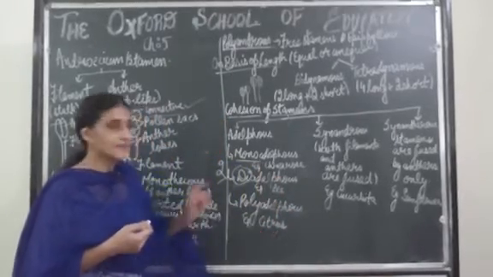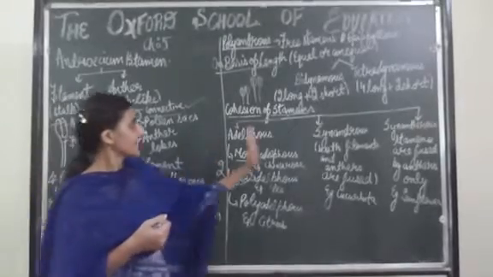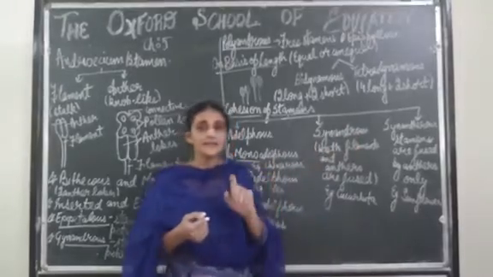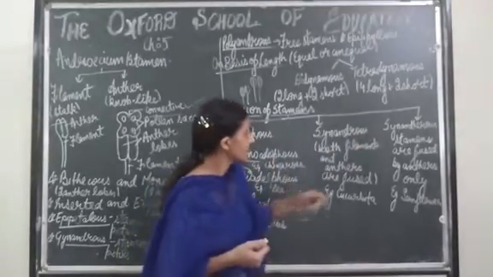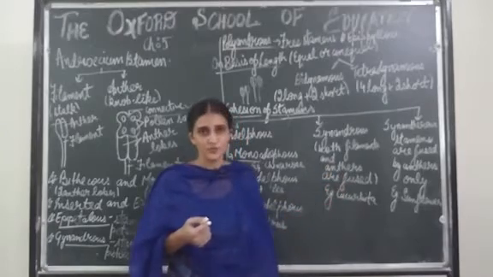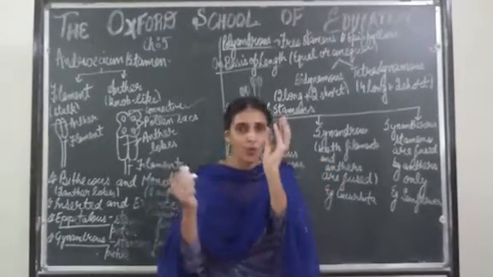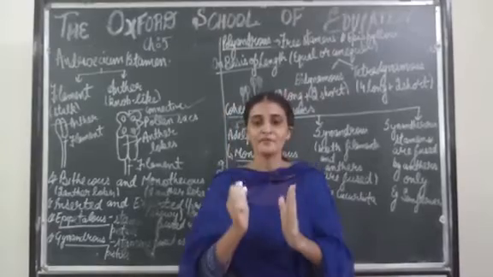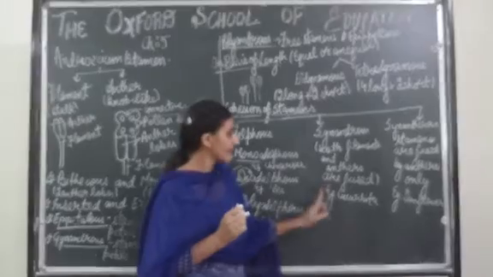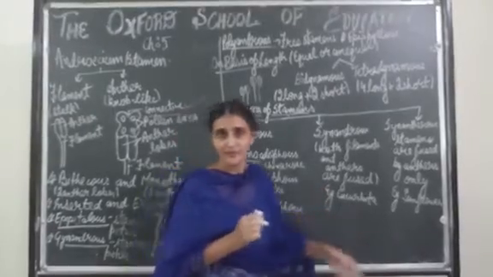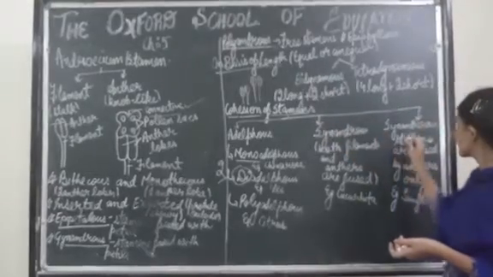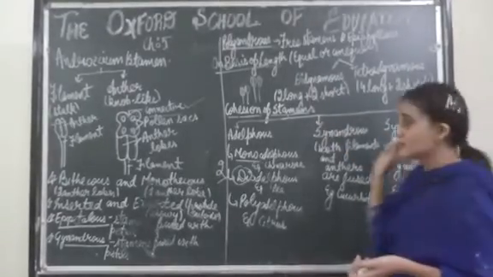Example is citrus. The second category of cohesion of stamens is synandrous. Synandrous simply means when both the filaments and anthers are fused. In this case, the anthers at the top and the filaments below will be fused with each other. Example is cucurbita. The last category of cohesion of stamens is synanthrous.